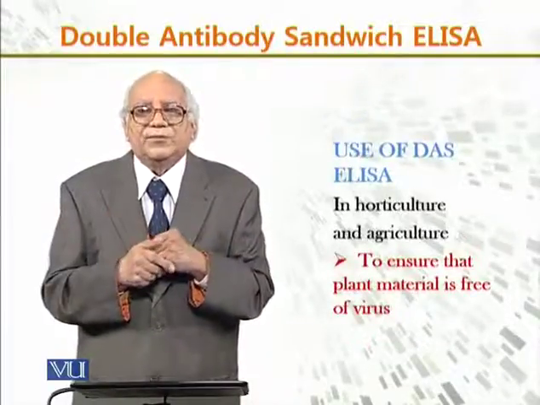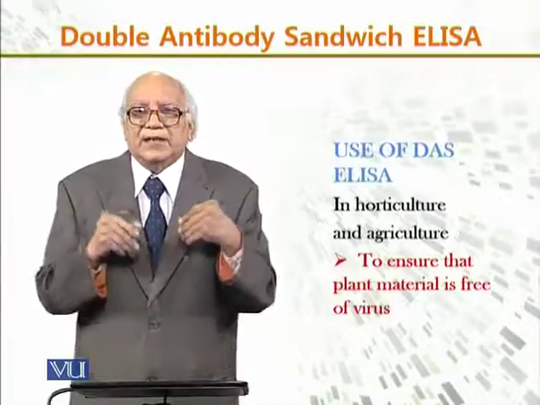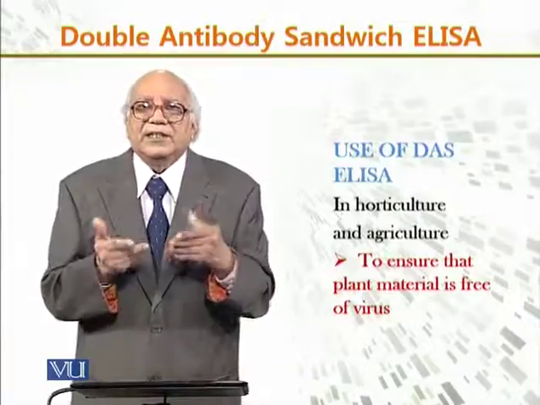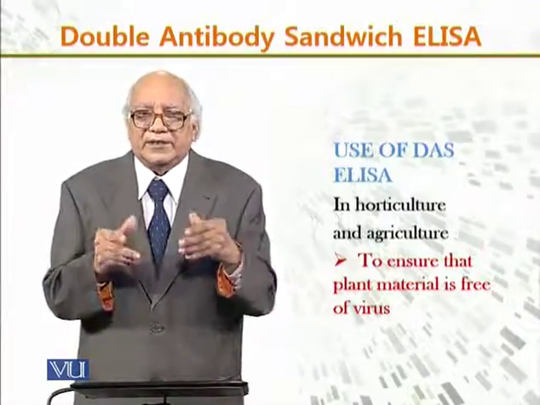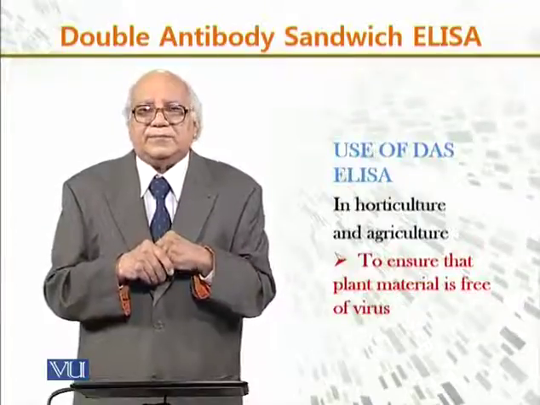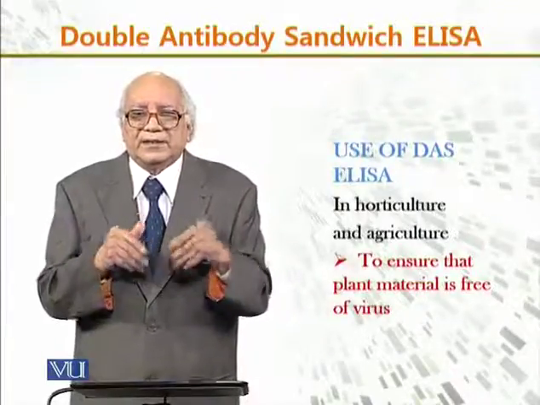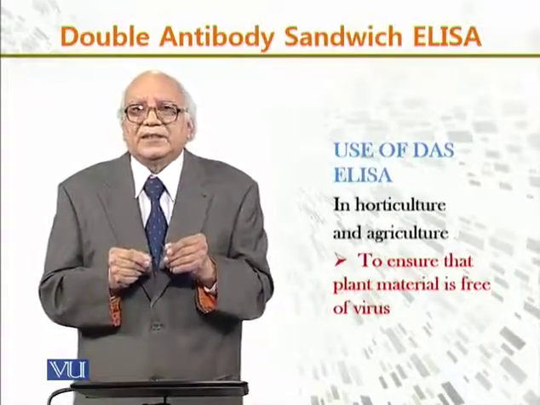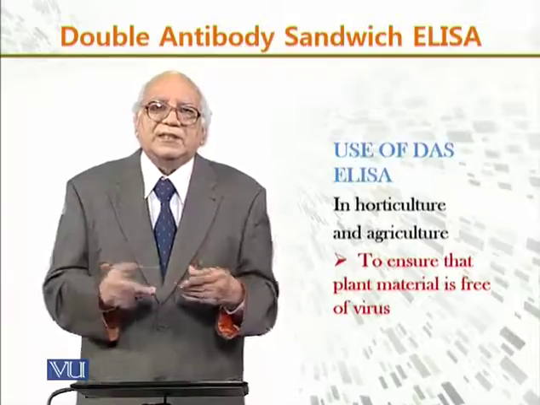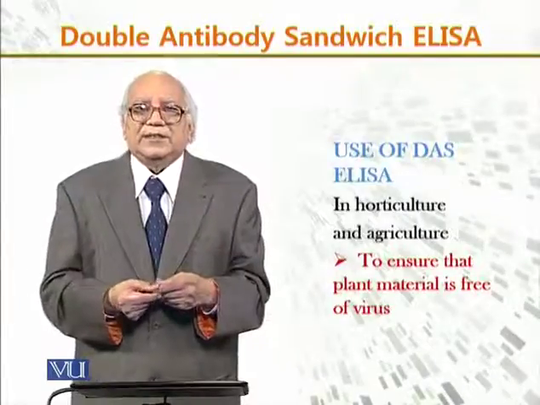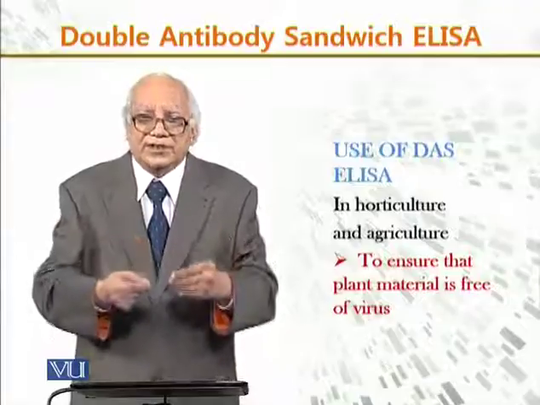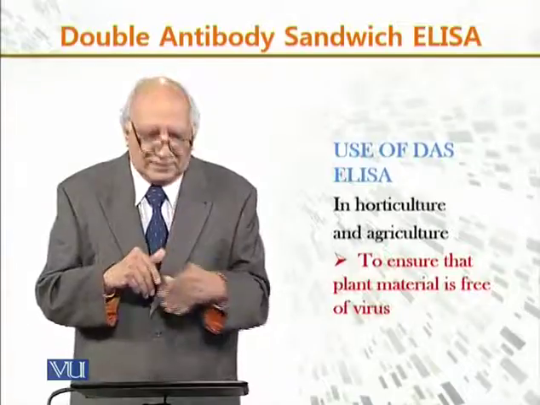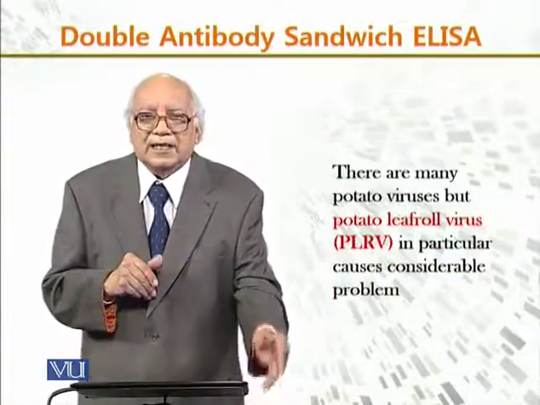Now, where can we use the double antibody sandwich ELISA method? Generally, it is used in horticulture and agriculture to ensure that the plant material is free of viruses. You see, plants also contain viruses, some dangerous viruses which cause disease in the plant, and DAS is used frequently for that.